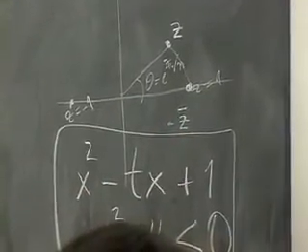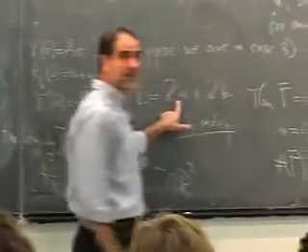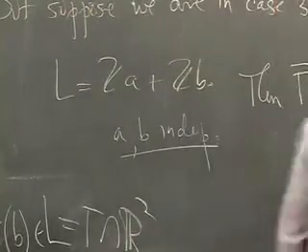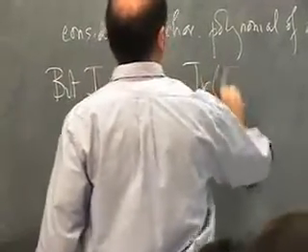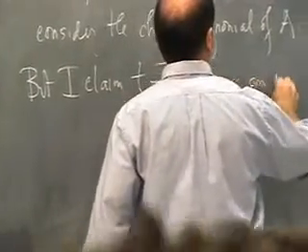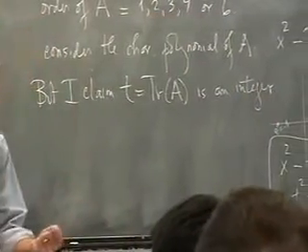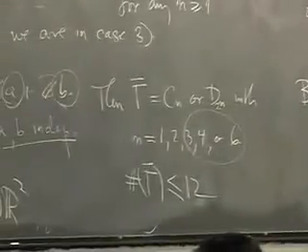On the other hand, because A stabilizes this lattice, I claim that the trace is an integer. Because consider the matrix of A with respect to this basis of R2.